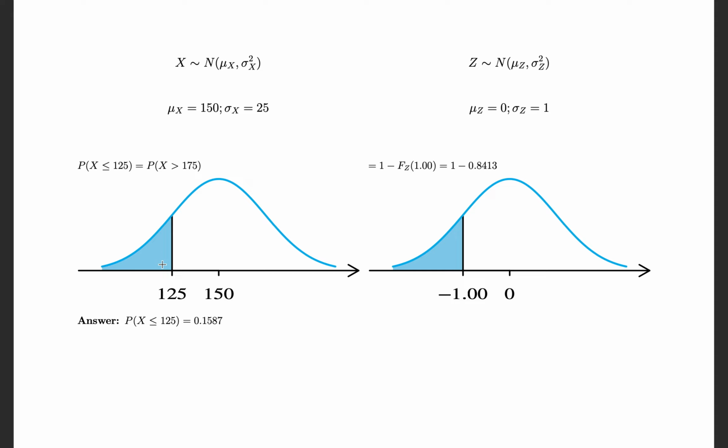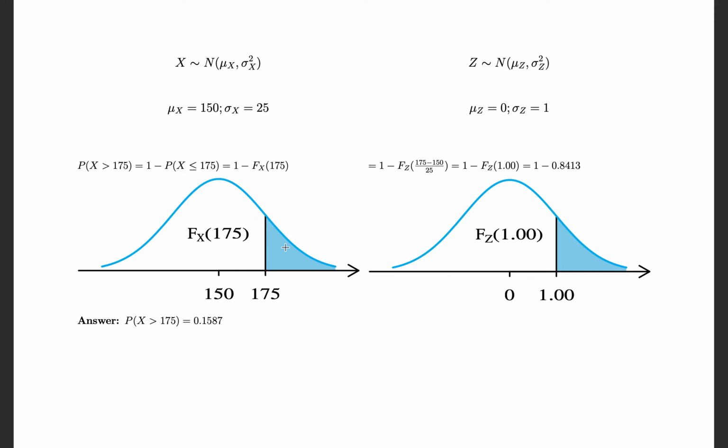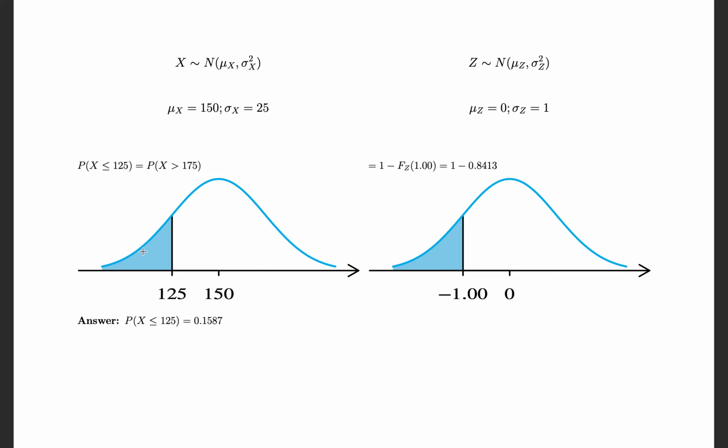And what do we remember from the last exercise? Well, if we look back, we have one standard deviation up from 150, this area. And because the distribution is symmetric, we know that this area should be the same as this area.